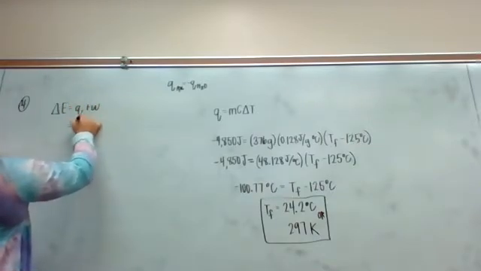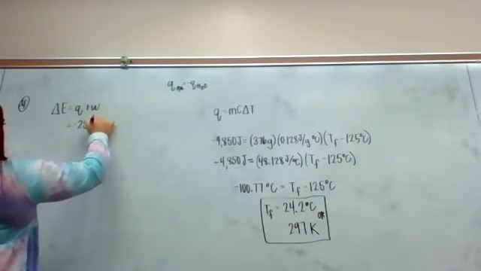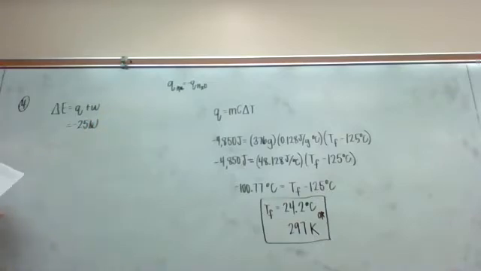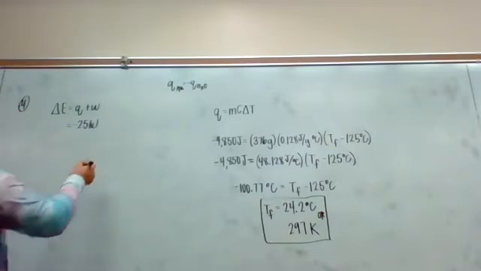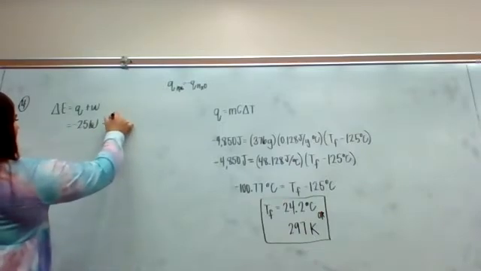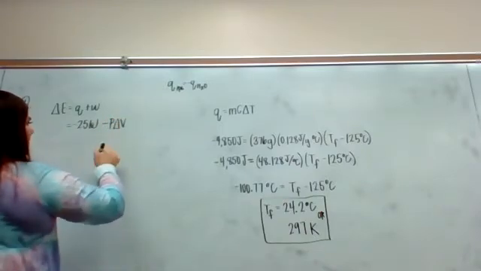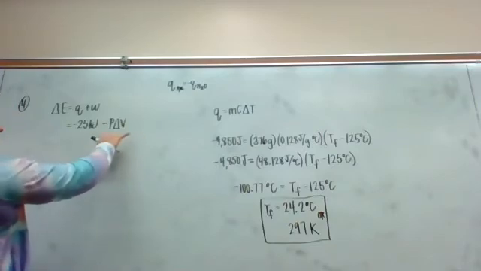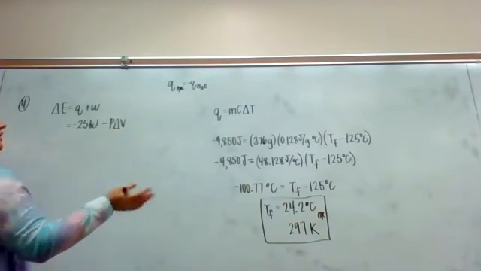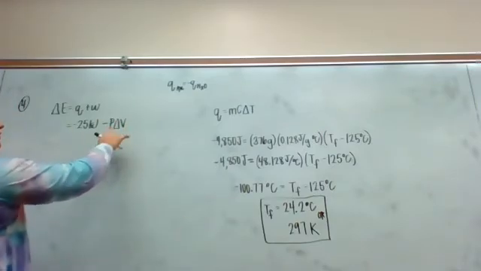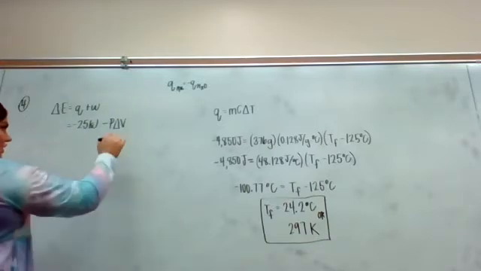Yes, negative. And it's changing from 18 liters to 15 in volume at 1 atmosphere of pressure. You could plug in the negative P delta V equation here, but I don't, because y'all usually, if you do, you forget to convert it to joules.